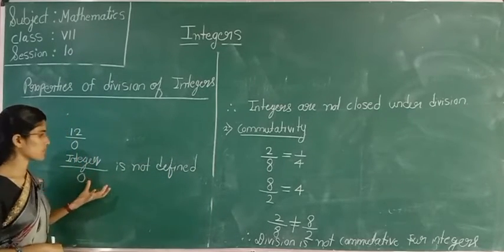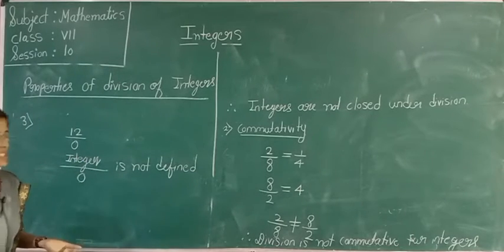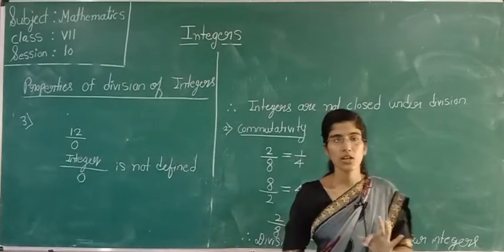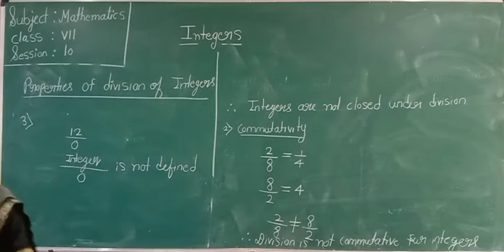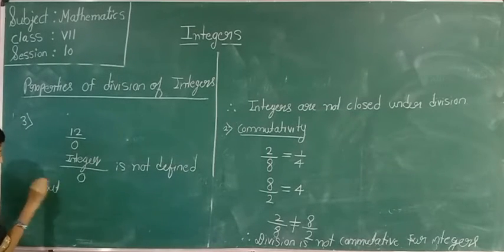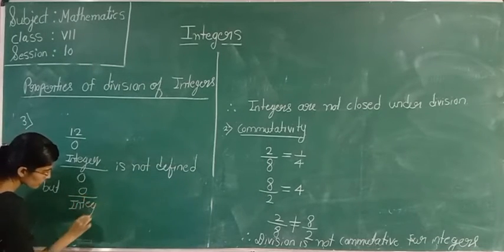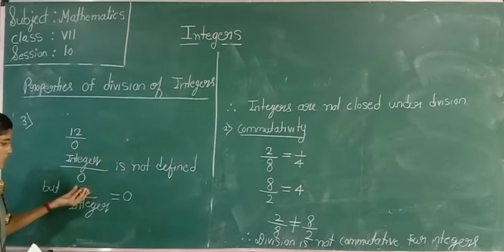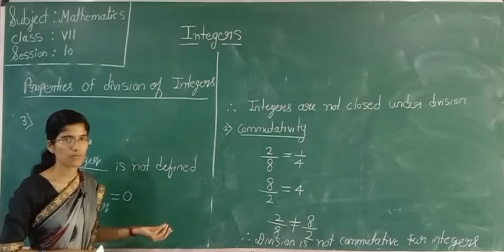This is nothing but the third property. Any integer, whether a positive integer or a negative integer, divided by 0 is not defined. Okay, but 0 divided by an integer is equal to 0. 0 by any integer is going to be 0.